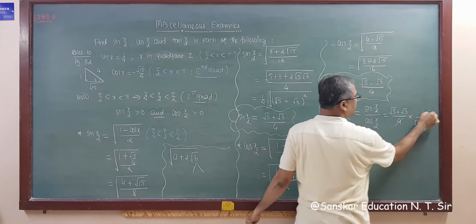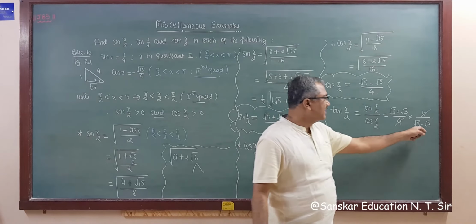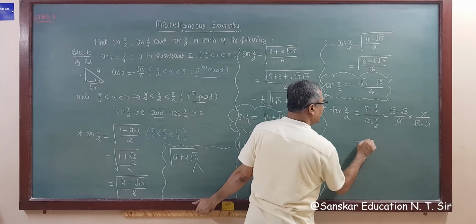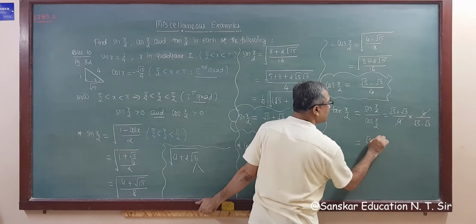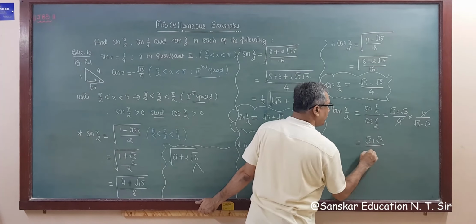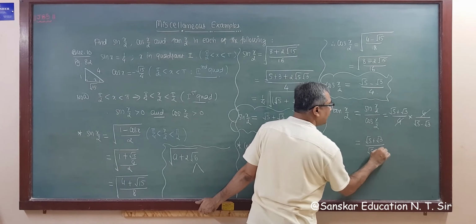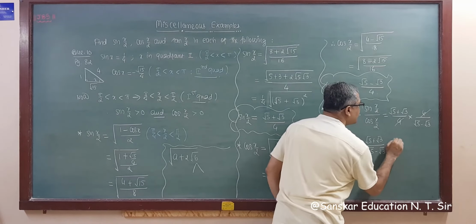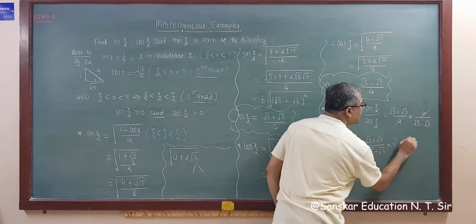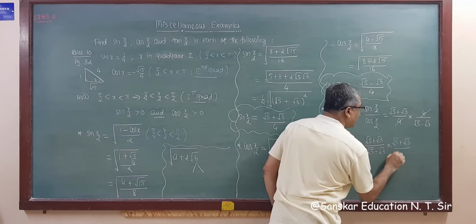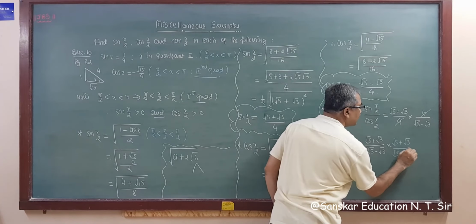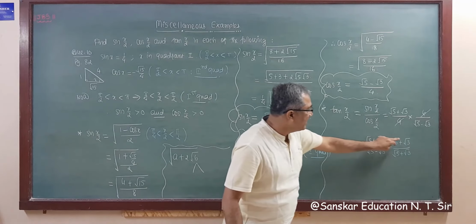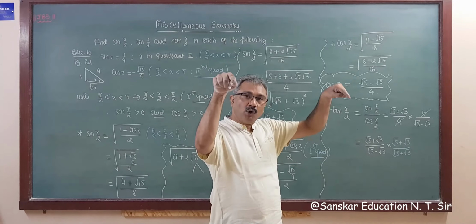So this cancels, and rationalizing means multiplying by root 5 plus root 3. What we get here is root 5 plus root 3 whole upon root 5 minus root 3, and multiply by root 5 plus root 3 upon root 5 plus root 3. So in the numerator it is a plus b, a plus b whole square.